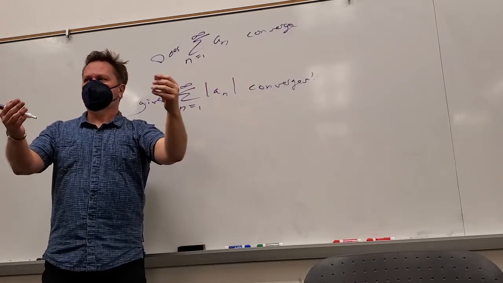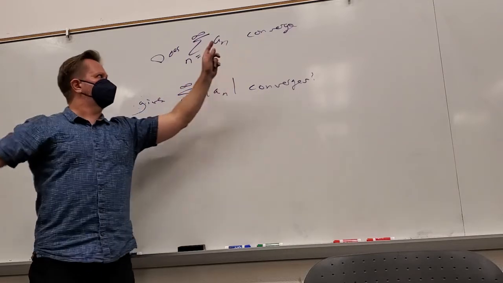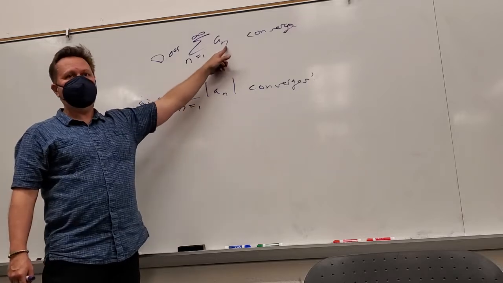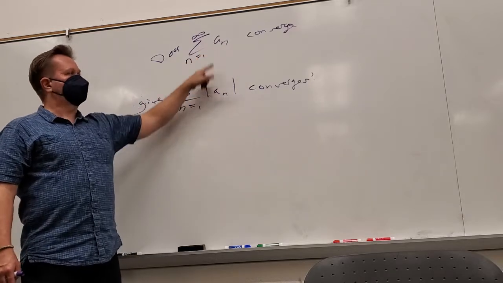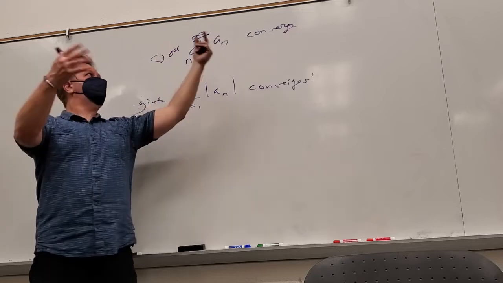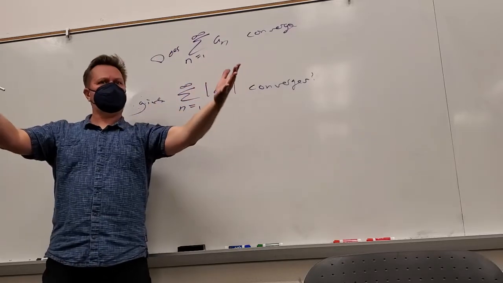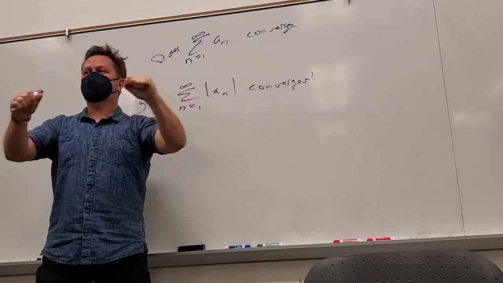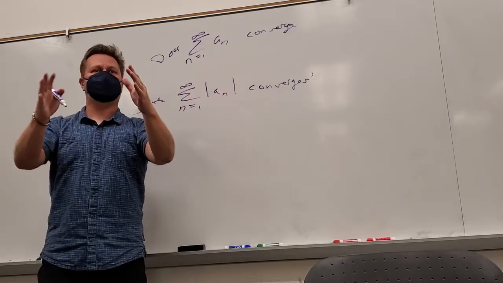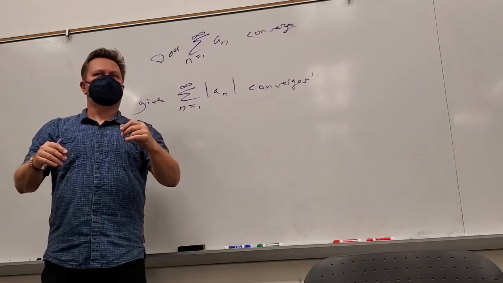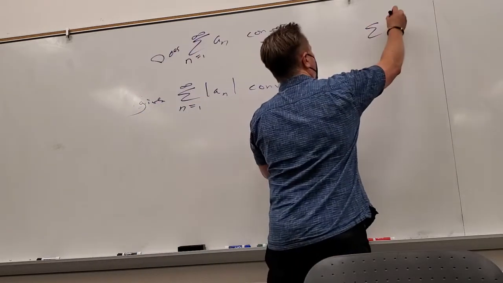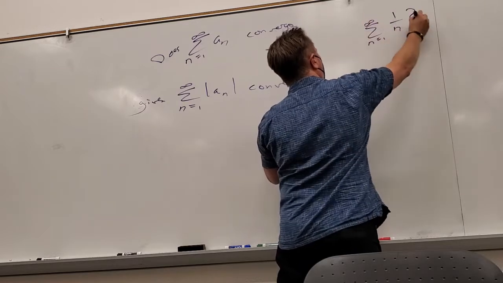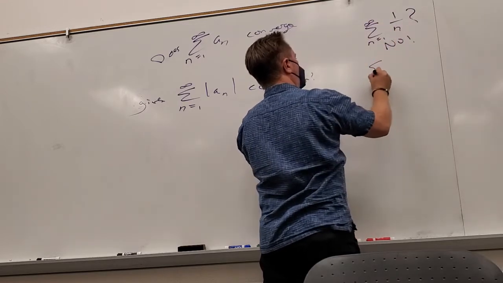Do you guys understand those are two extremes? Either this is all positive already, so that didn't really change it, or these are all negative, which means whatever this does also. Or some elements of this are negative and some are positive, which means it should be easier for it to converge. That's why the alternating series test made sense. So remember, does this converge? No. Does this converge?